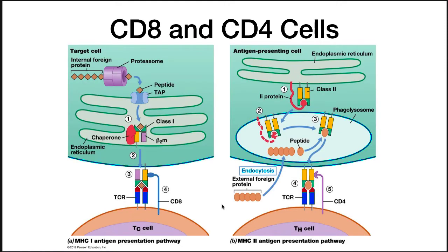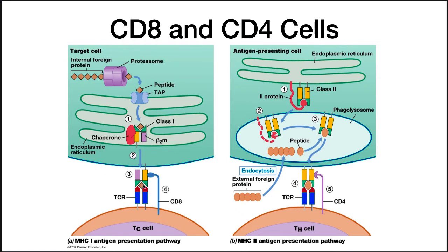Here's a comparison of the reactions of CD8 and CD4 cells. On the top, you have a target cell or an antigen-presenting cell. A cytotoxic T cell, a CD8 cell, will go around the body and interface with these MHC1 molecules and check the antigens that are there. If they're self antigens that it doesn't react to, it'll just move on and the cell is left alone.